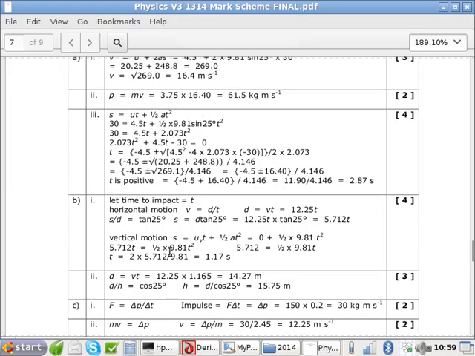Wow, this is a very difficult question. But we got this answer, not 2.87. The bottom. Here, yes.